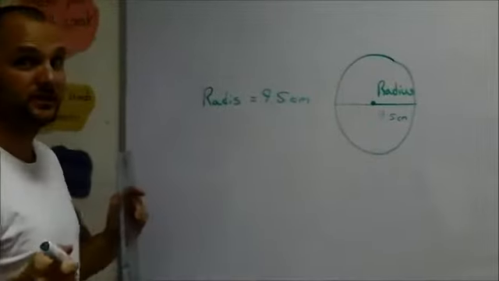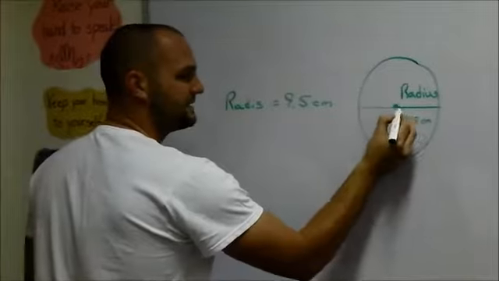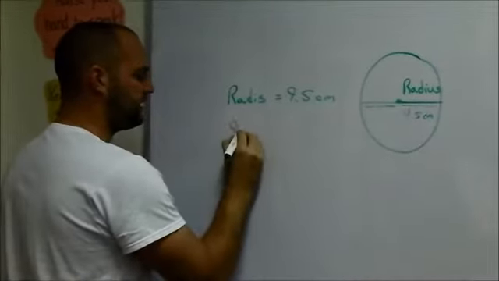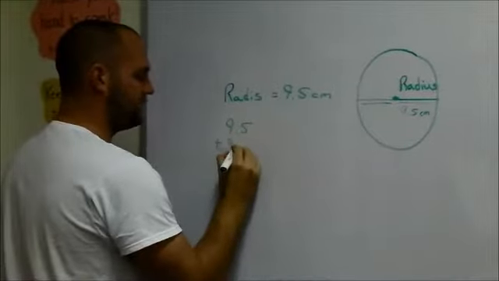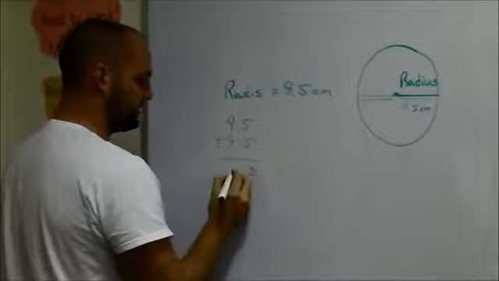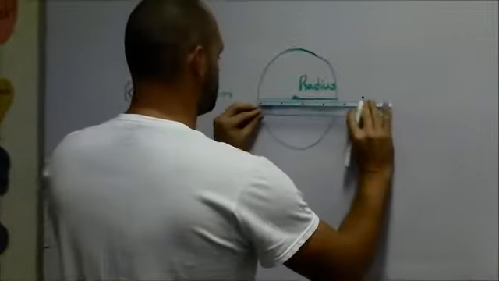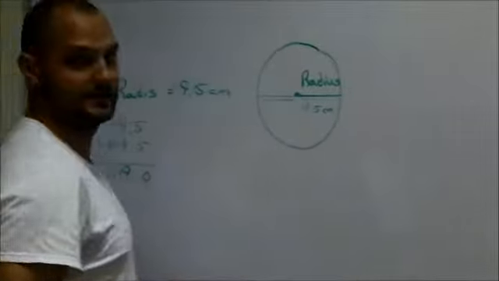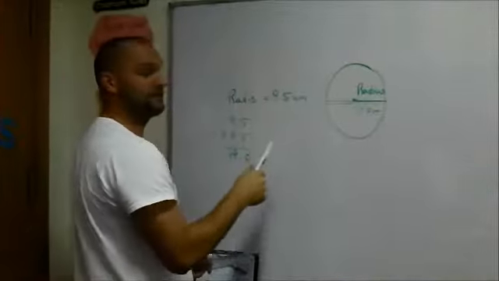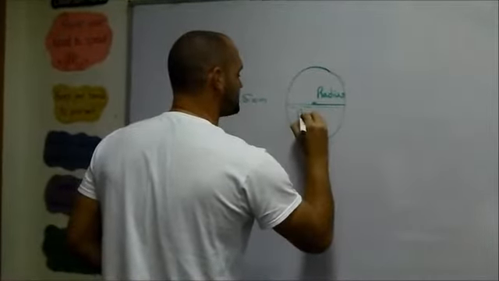Because some of you are really good at math, you know that this line and this line are the same. So what could we do? Well, we could put 9.5 plus 9.5 equals 19. So it should be 19 centimeters. Let's check it out. Oh my goodness, exactly 19 centimeters. So the radius is half of the diameter. The diameter we know is all the way across.